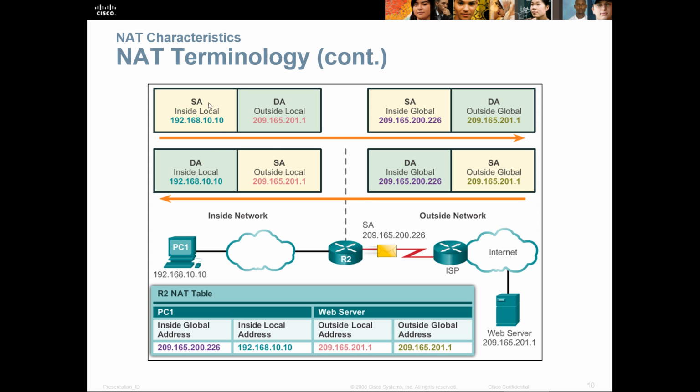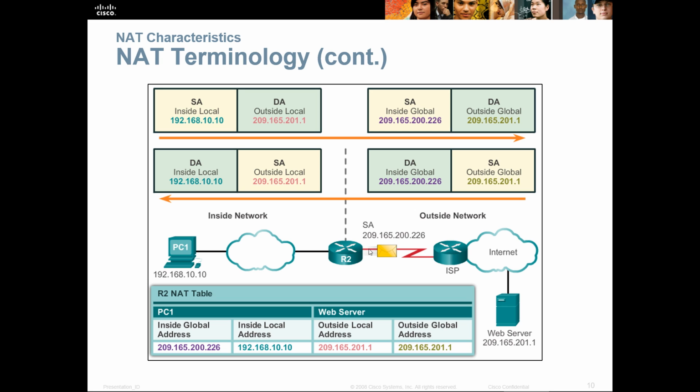Notice again our source and destination, both inside local and our outside locals, because this is the address that we want on the outside. However, from the outside, our inside global looks like 209.165.226, because that is our outside interface. That's the mask address.